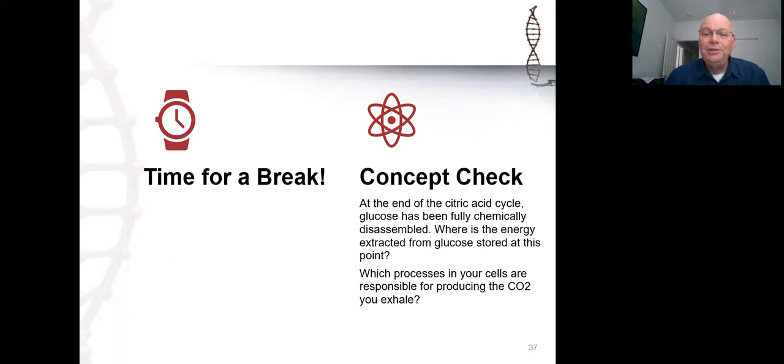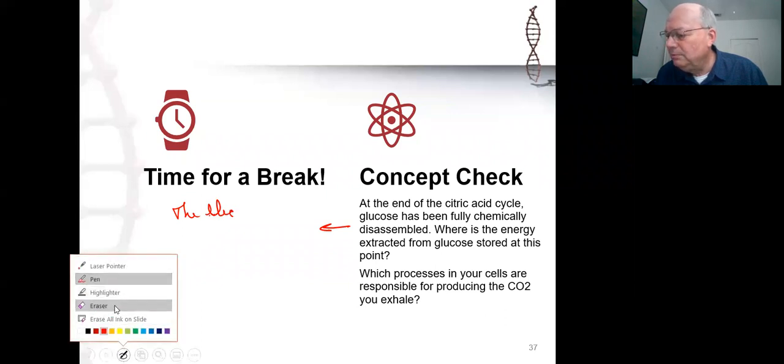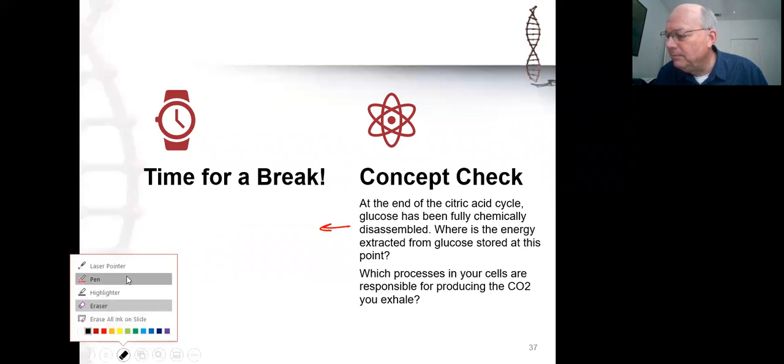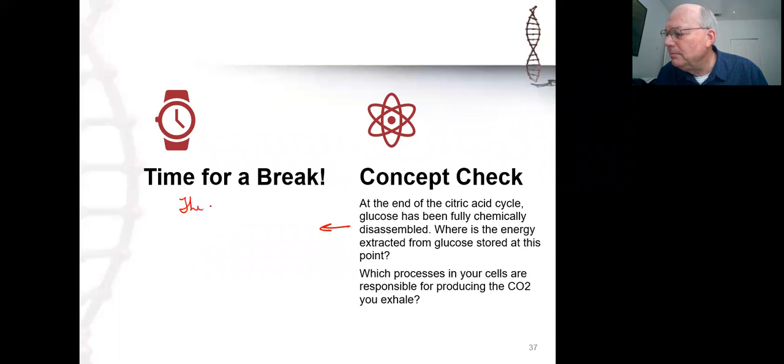So where is the energy from the glucose? In this case, it's in the electrons. And what are the processes that produce the CO2?